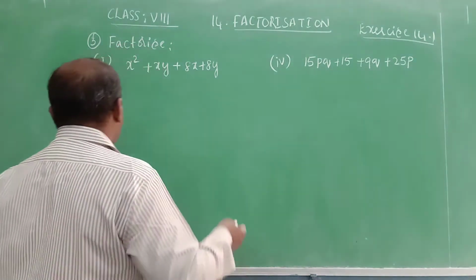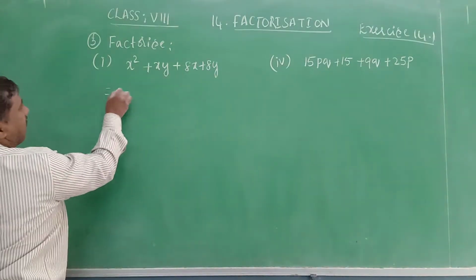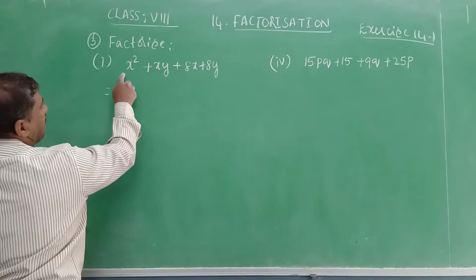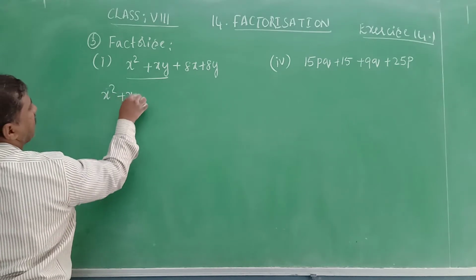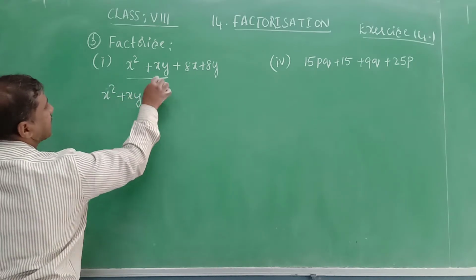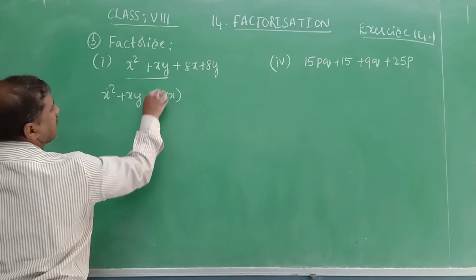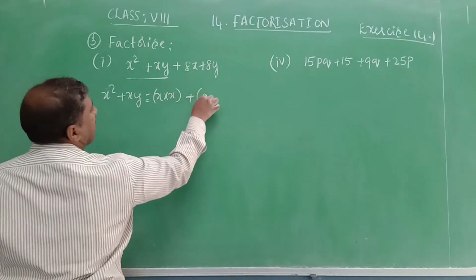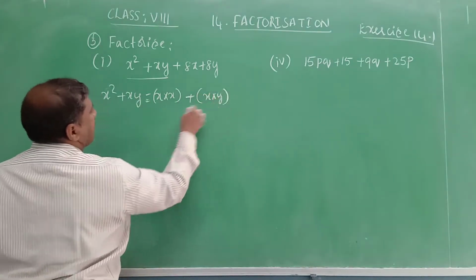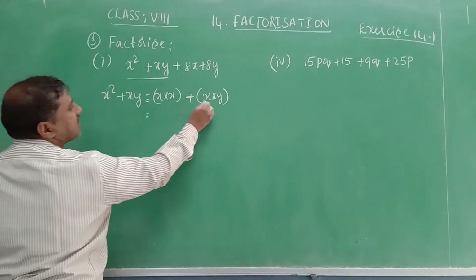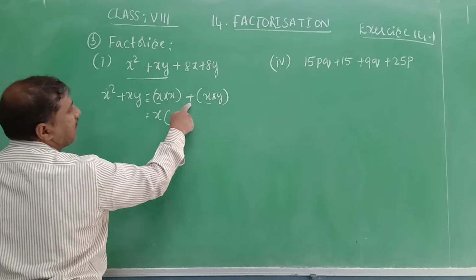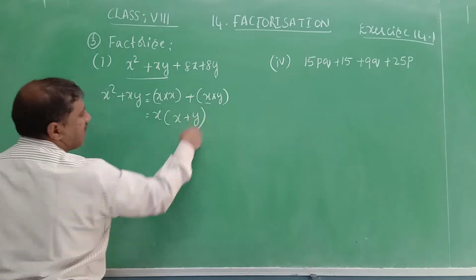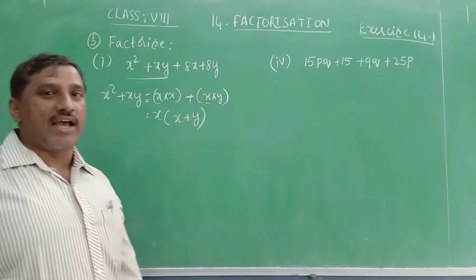So write the factors in this form. Take the first part, x square plus xy. It means x square is x into x, plus xy is x into y. That equals x common; take x common, then what is left is x plus y. x into x plus y.